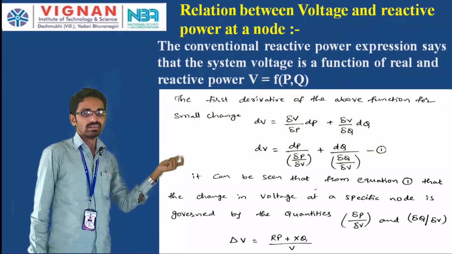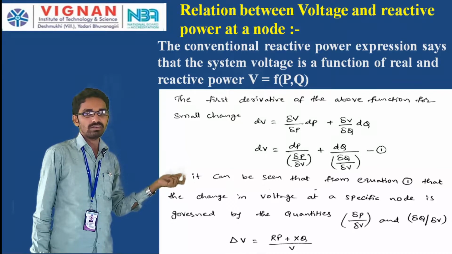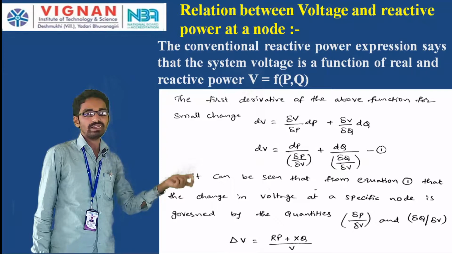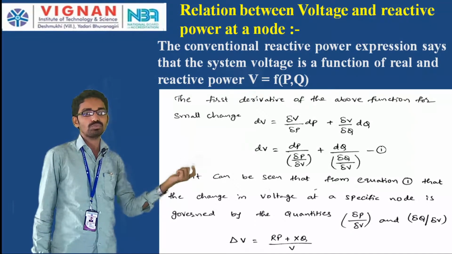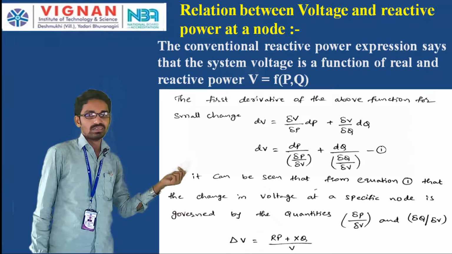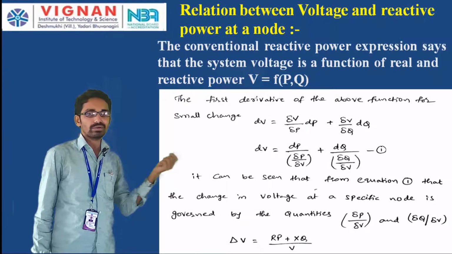That means dV, the total derivative of the voltage function, is equal to del P by del V into dP, plus del Q by del V into dQ. These two parameters help in the change of the voltage, so you need to control these two parameters in order to control the voltage.